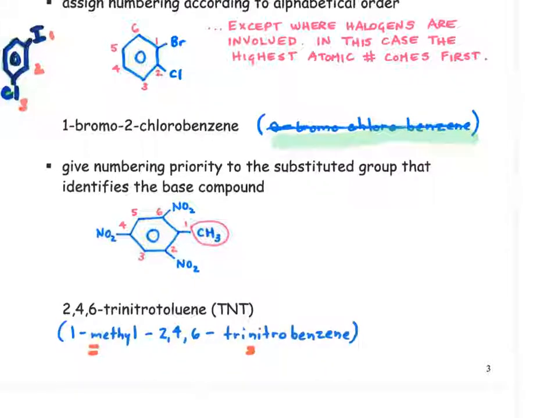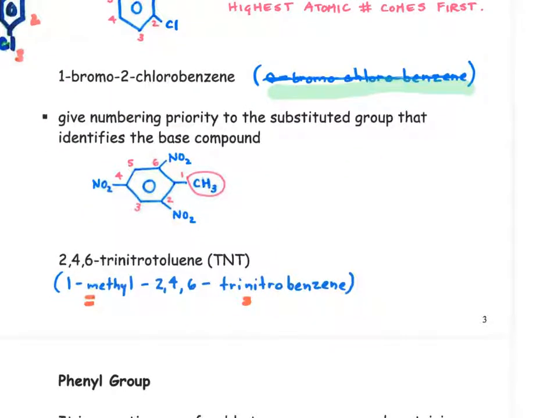In our next example, we have something that you probably recognize as TNT, trinitrotoluene. In this situation, we're actually going to call our methyl group number 1. The reason for that is methylbenzene is known as toluene, and therefore that methyl group gives that structure its identity as toluene.